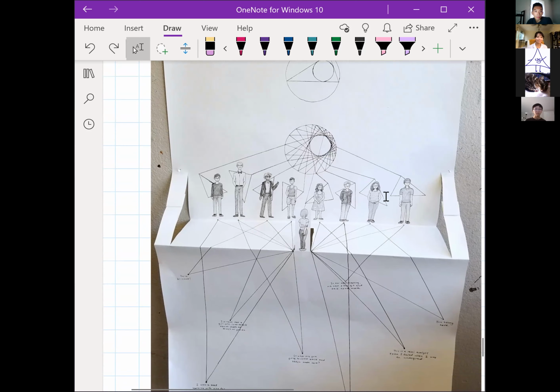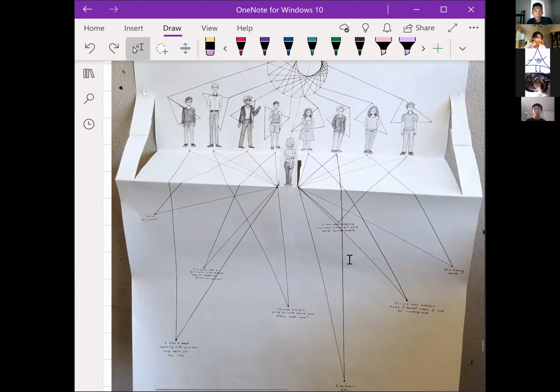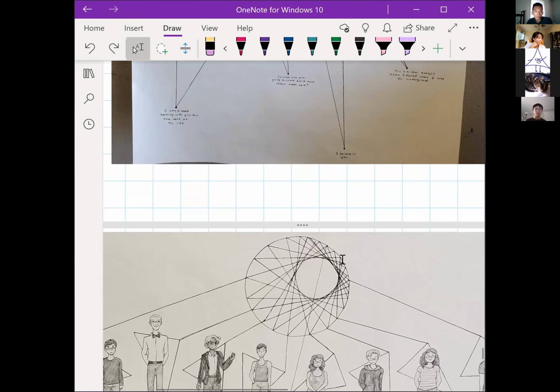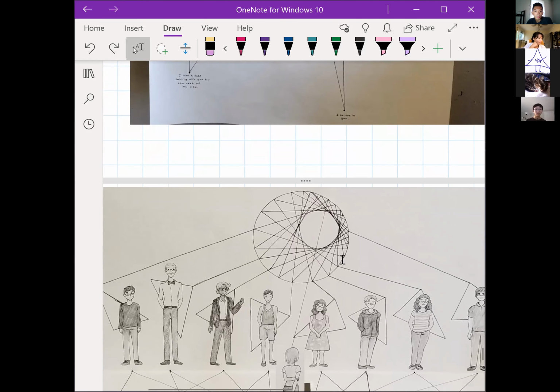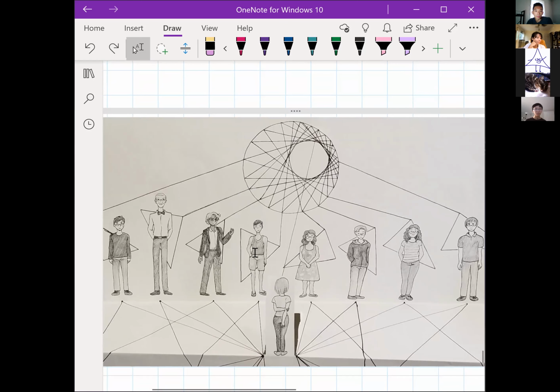And so the words that are a bit illegible in the picture are just things that each of them had told me that really encouraged me. So here's just a close-up of the figures and drawing. So there's Jacob and there's me.